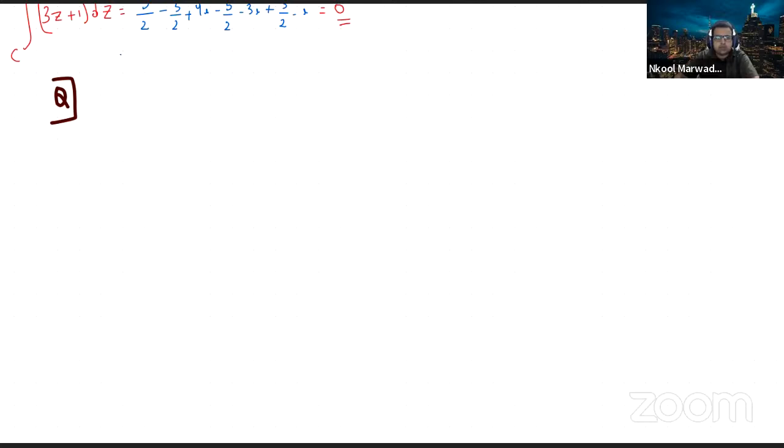So a complex function is already given to us. In the question, we have to evaluate the integration of the complex function, which is 2x plus iy plus 1 dz.